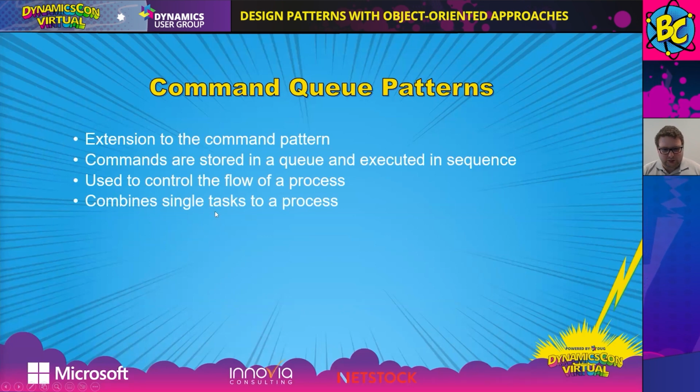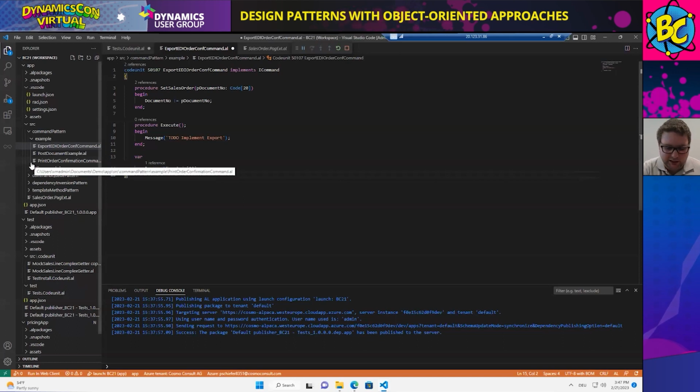So there is no bad code example for it, because we have more or less seen it with the previous pattern. So now we have a look at the pattern.